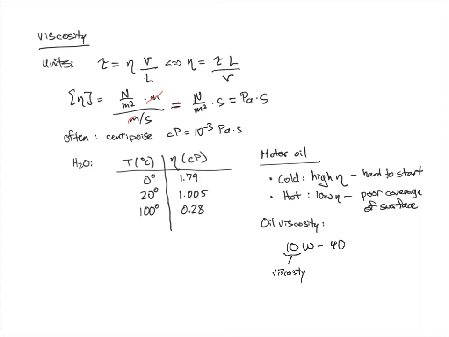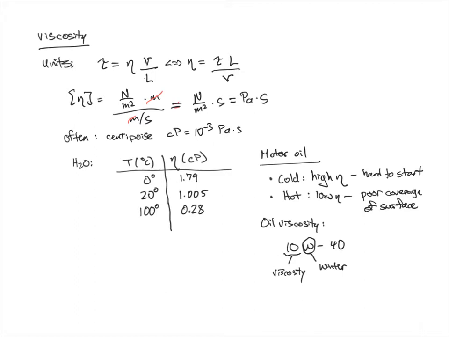It sounds about right. But the W stands for winter. So let's say we assume that this is in centipoises. It would be during the winter, meaning when you're starting your engine when it's cold in the winter, the oil behaves like a fluid with a viscosity of 10 centipoises.